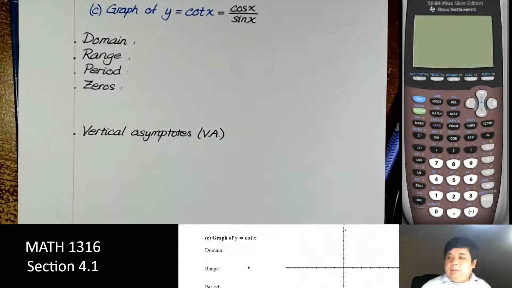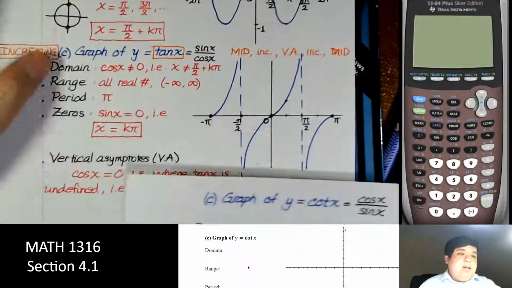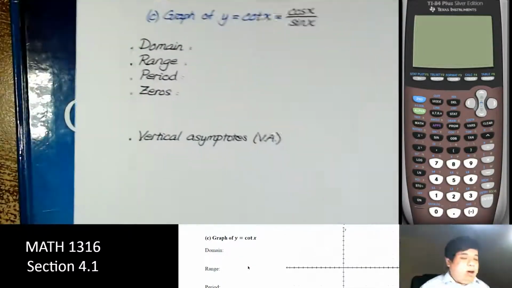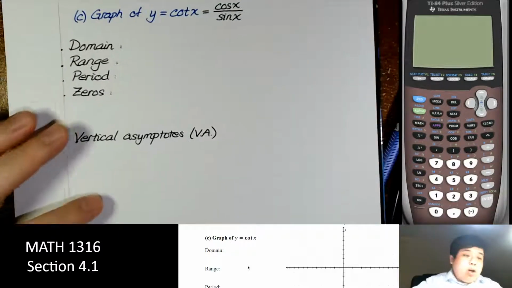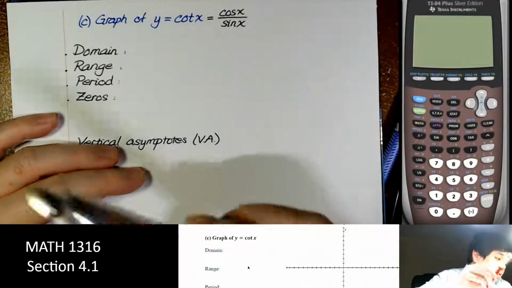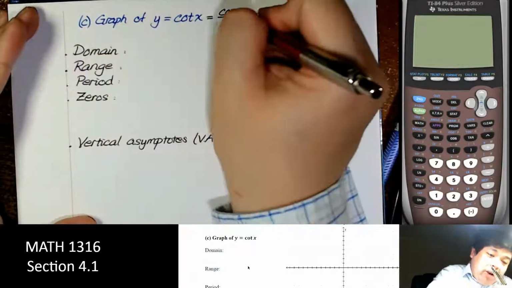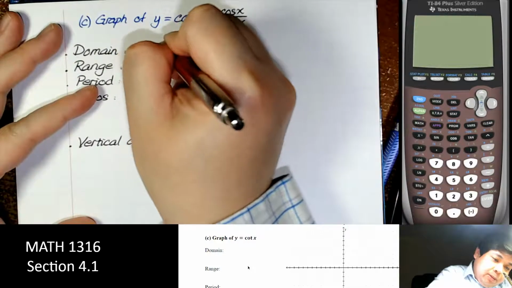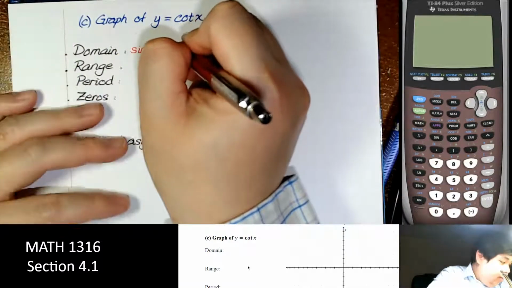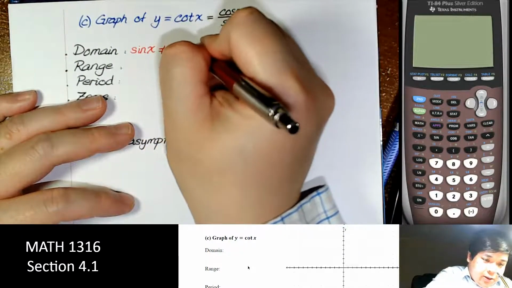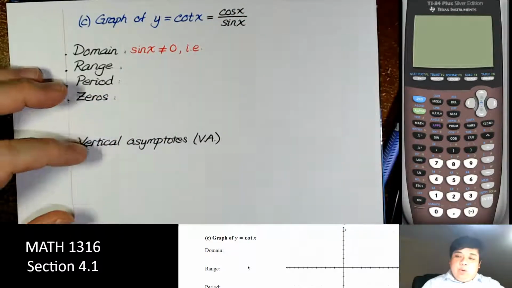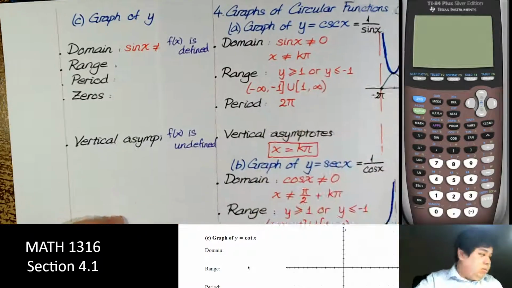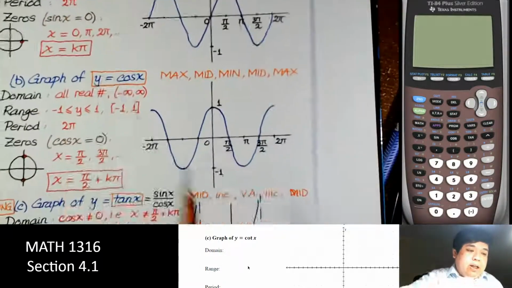Right now, this is the graph of tangent. That's what we have. Right now, it will be very similar to this. The function is cosine over sine. The domain is wherever the denominator is not equal to 0. And sin x equal to 0, if we look, sin x equal to 0 is x equal to k pi.